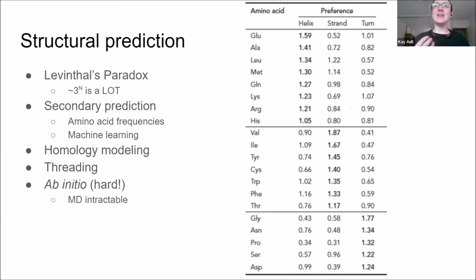Because even if you have your choice of 3 bond angles, or it could be a helix, a strand, or a turn, 3 to the n is a lot. And so these are some practical things that you have to do in order to make this work.